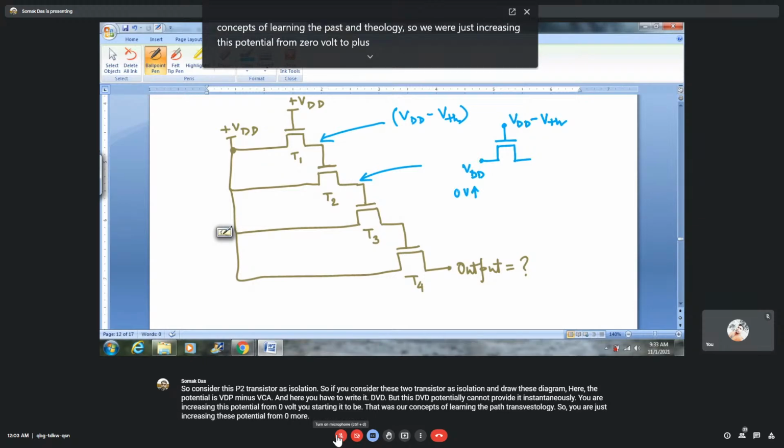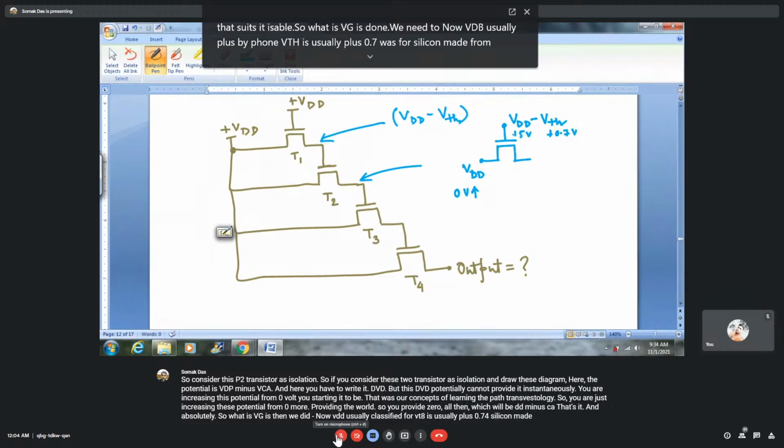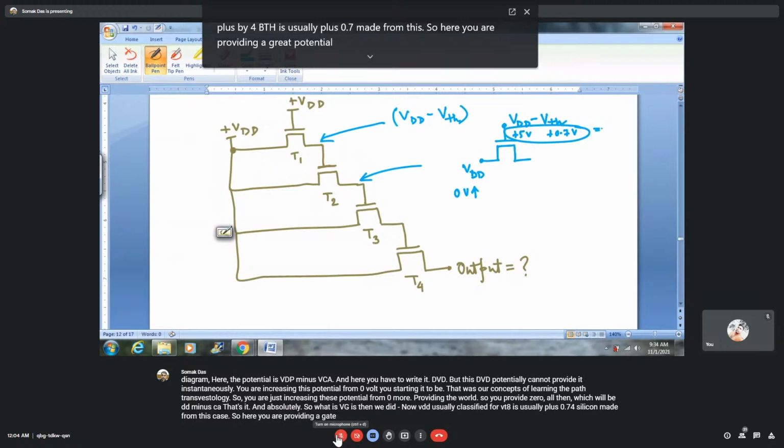So say you are providing 0 volt. Then this will be VDD minus VTH at gate, and at source it is 0 volt. So what is VGS value? VDD minus VTH. Now VDD is usually plus 5 volt. VTH is usually plus 0.7 volt for a silicon transistor. So here you are providing a gate potential not plus 5 volt, rather plus 4.3 volt. That is the gate potential.